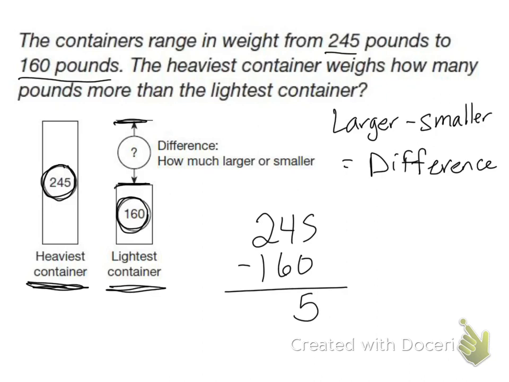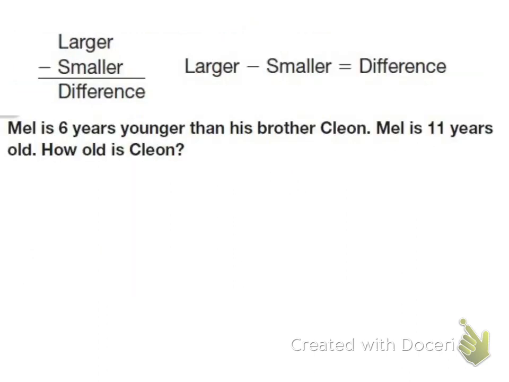I can't subtract 6 from 4, so I'm going to borrow 1 from the hundreds place and add 10 tens. So 14 minus 6 is 8, and 1 minus 1 is 0. So the heavier container is 85 pounds heavier. So we do larger minus the smaller equals the difference.